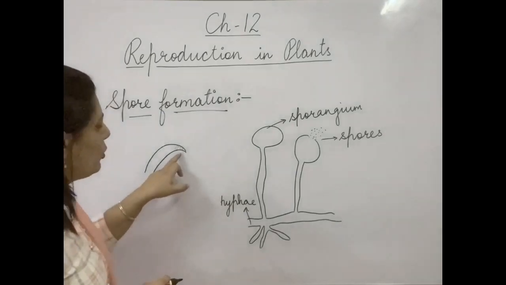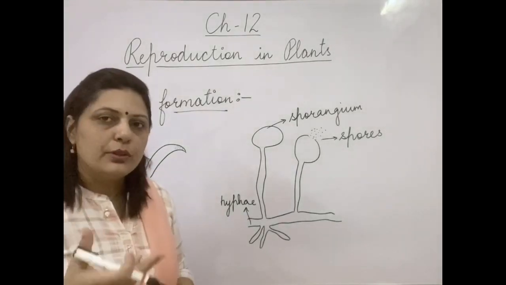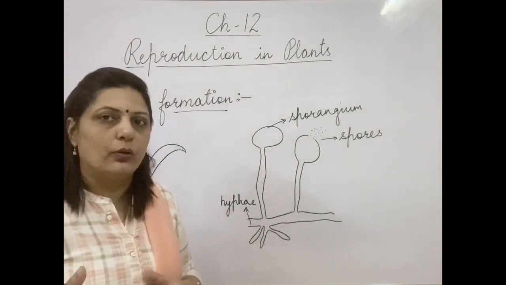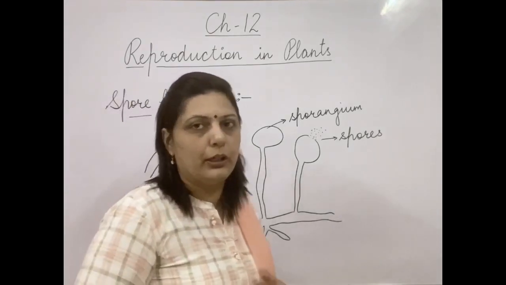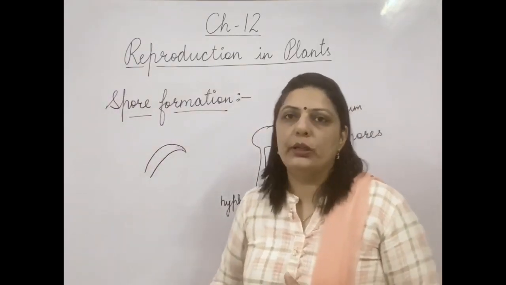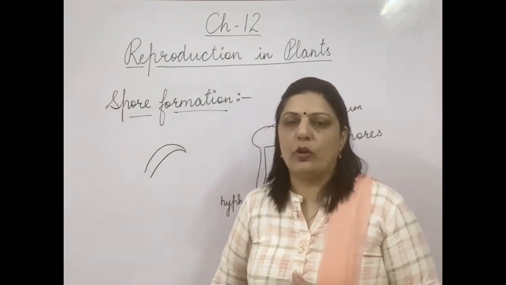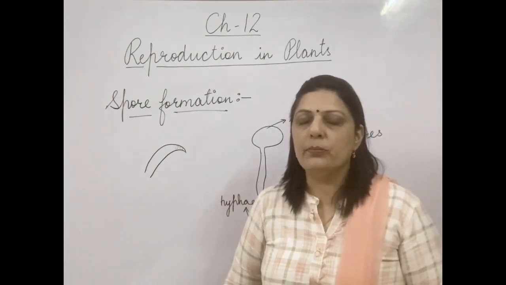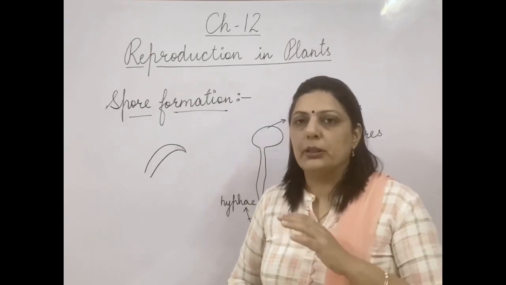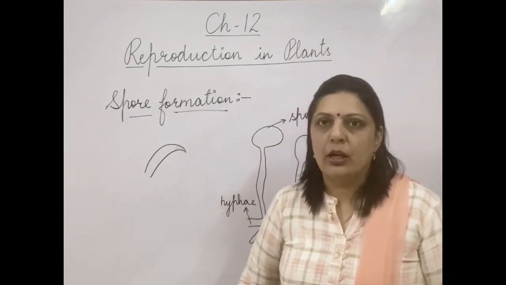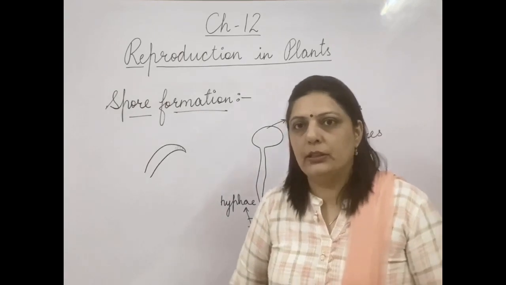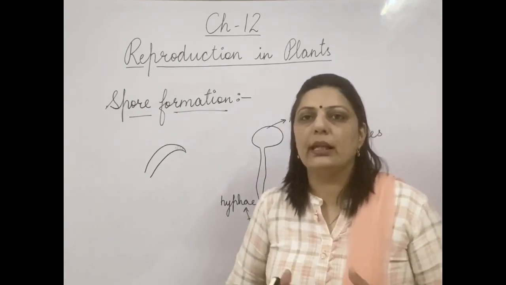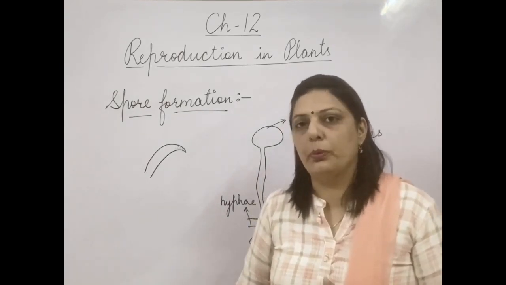So these spores, after bursting, come out, remain in the atmosphere, and later on help in multiplication, and new individuals will grow because of these spores formed by the bursting of sporangia.